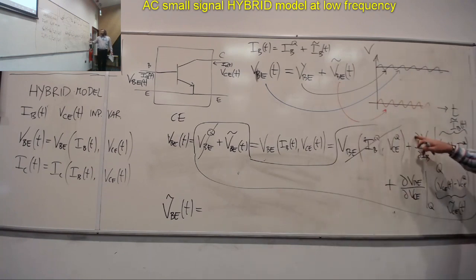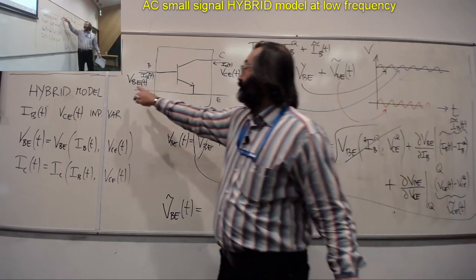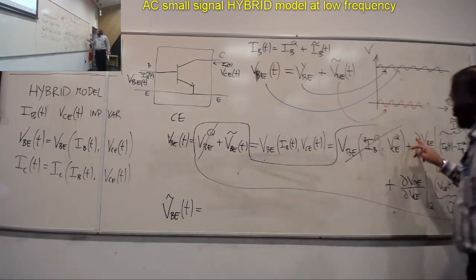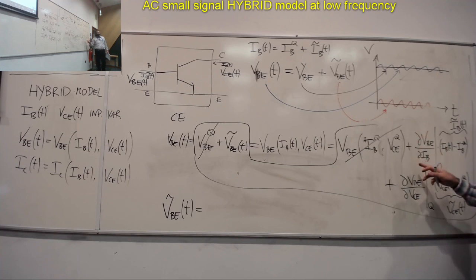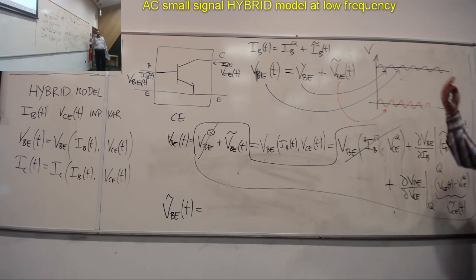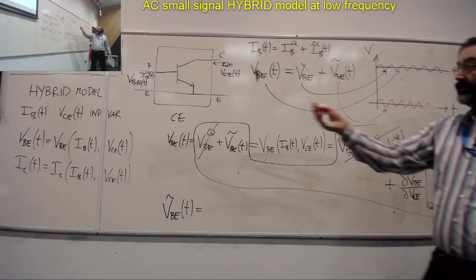This quantity here is dVB over dIB. These are both quantities that relate to the input port, VB and IB. This is a derivative though. So this is what we would call the differential resistance of the B junction.